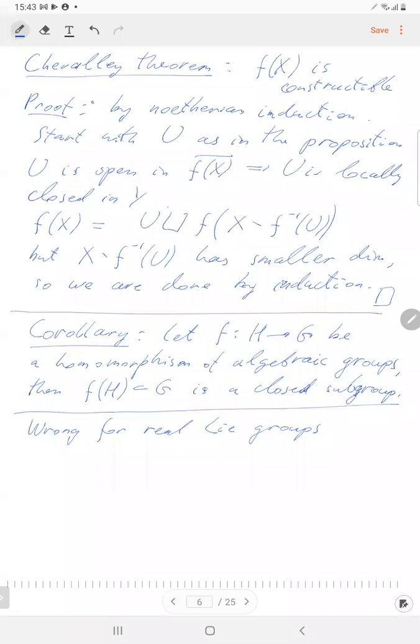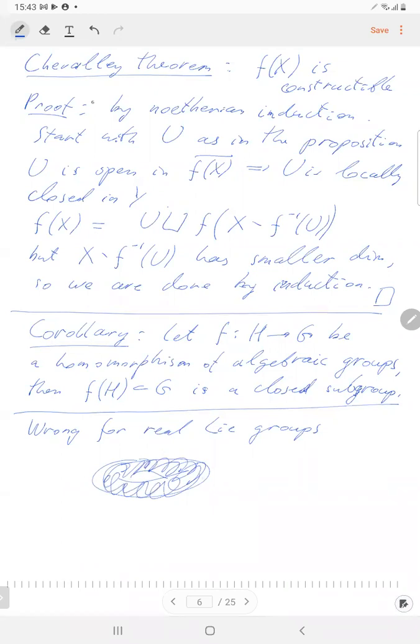But so you know that you may have a torus like this, and it's a two-dimensional real Lie group, yeah, and then you can have a one-dimensional, one-parameter subgroup that goes around like this and goes and goes and goes, and it's dense.